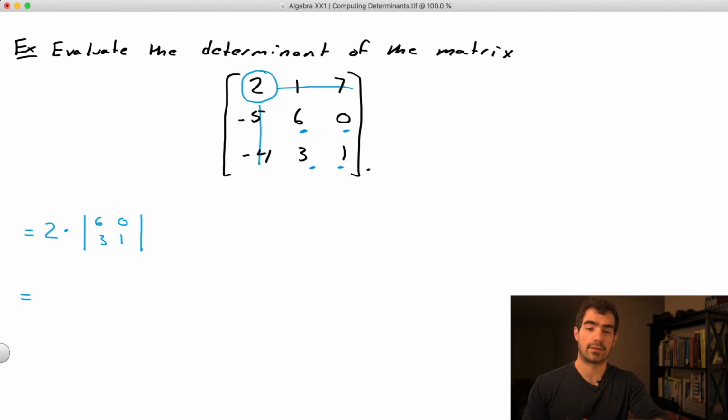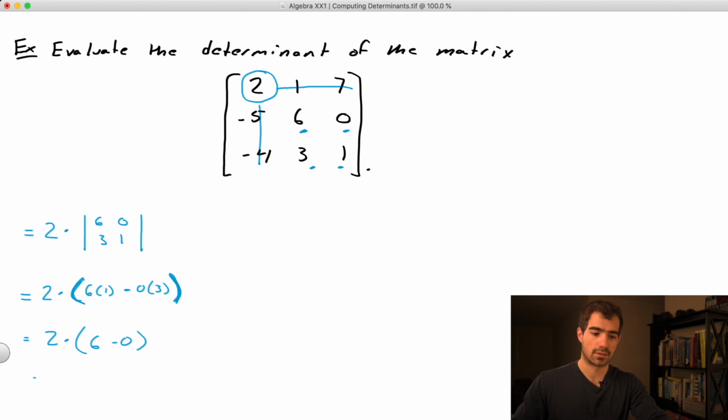This, of course, now that we know how to evaluate 2x2 matrices, is something that we can compute more directly. We can say this is 2 times the product of this diagonal, so 6 times 1, minus the product of this diagonal, or 0 times 3. Simplifying this a little bit further gives us 2 times 6 minus 0, or 2 times 6.